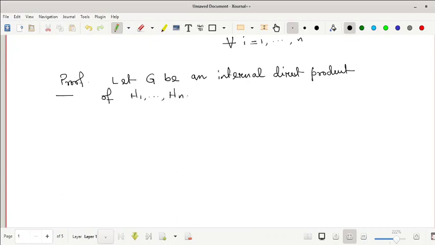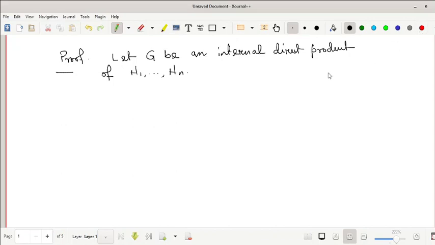Okay, fine. Then by definition, G equals H1 H2 ... Hn.